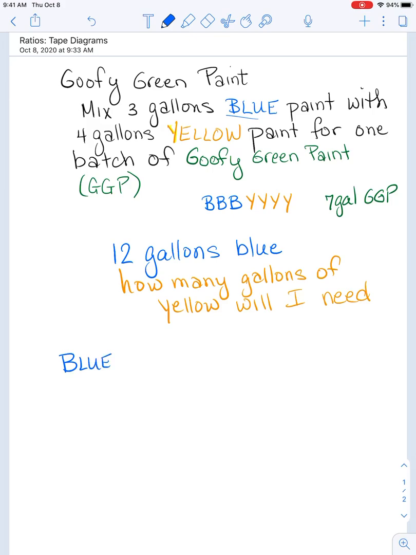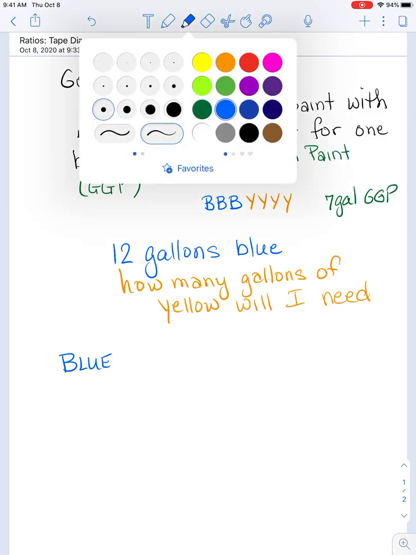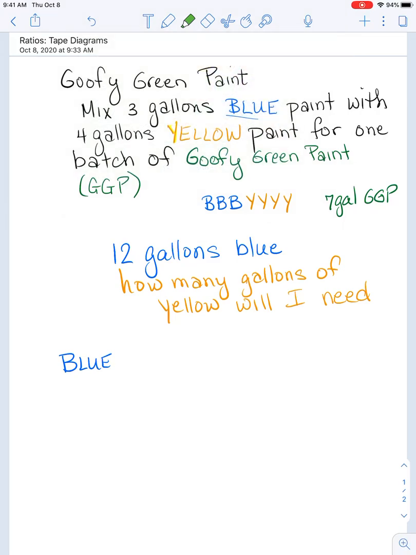So I know that I have blue paint, and what I want to do is I want this tape diagram to reflect this original recipe up here, the original ratio. You always want your tape diagram to be the original ratio.